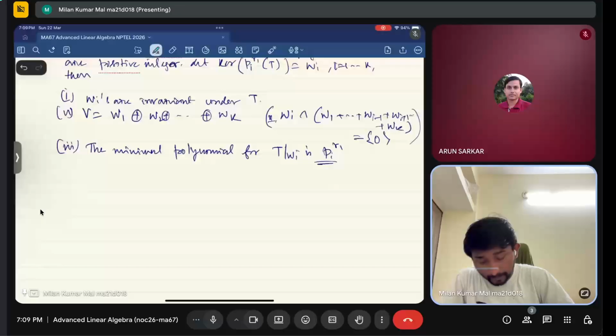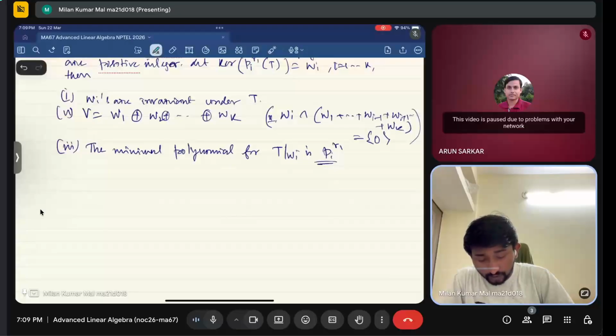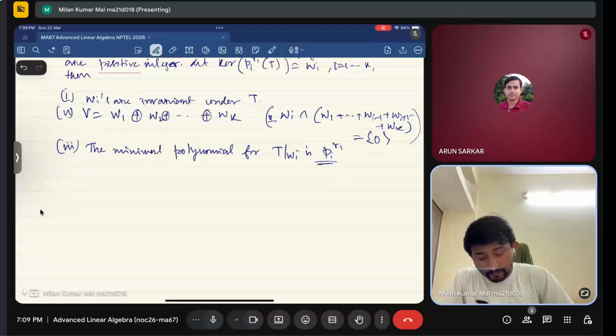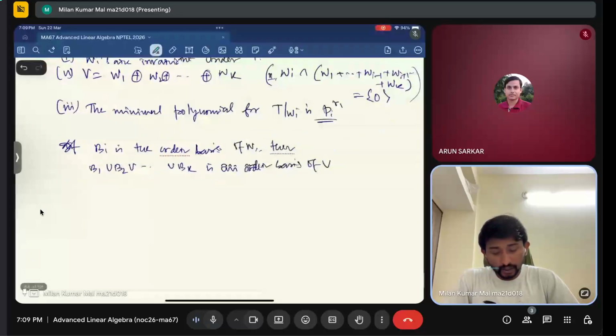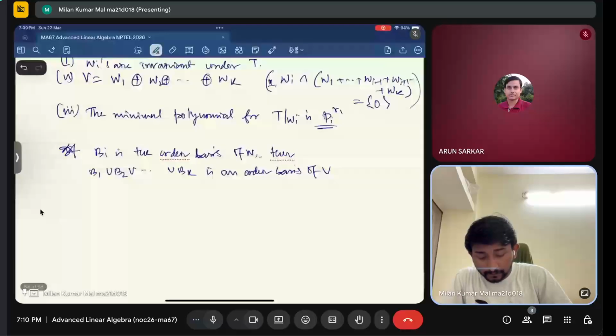If Bi is the ordered basis of Wi, then clearly B1 union B2 union all the way union Bk is an ordered basis of V. Now the interesting fact is that T restricted to Wi is invariant. So if I apply the linear operator T on the vectors coming from Bi, the result will be an element in Wi.